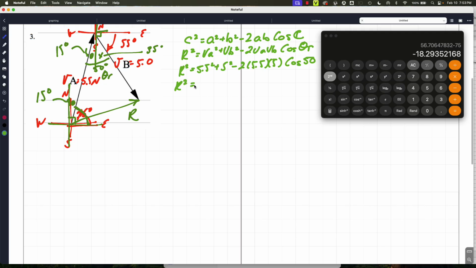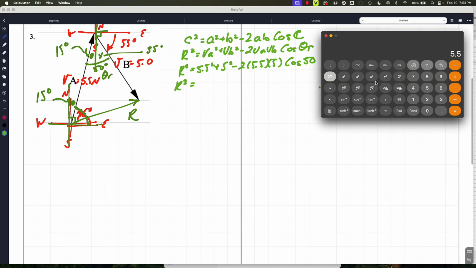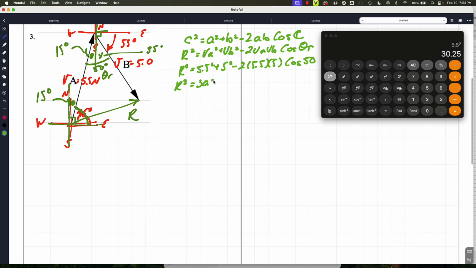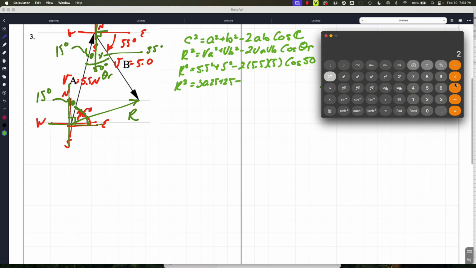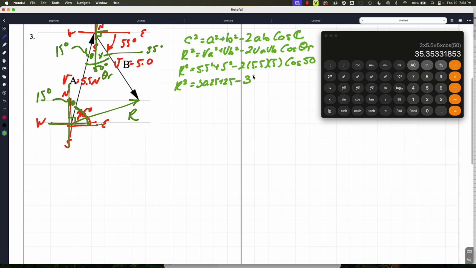R squared equals 5.5 squared, 30.25 plus 25 minus 2 times 5.5 times 5 times cos 50. And that's approximately 35.35.